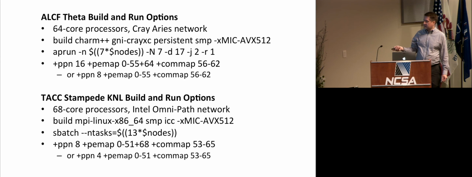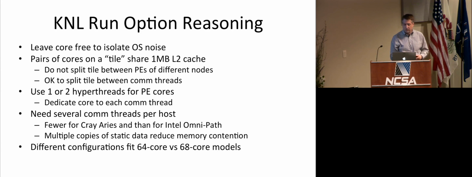And then we have these two options for how to set up PE map. Of course, they look a little bit like magic when you first look at them, but the logic's pretty simple. We want to leave one core free to isolate the OS noise. Pairs of cores that are on the same tile share the cache, so we don't want the PEs that correspond to different processes or Charm++ nodes sharing one of these tiles and competing for those cache lines.